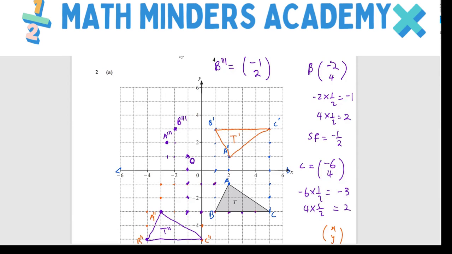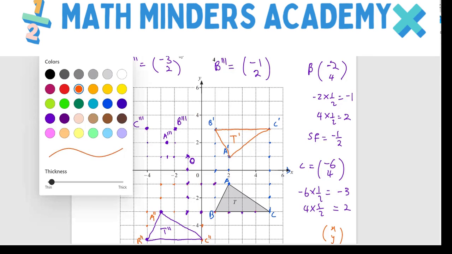So for us to locate C prime prime prime, we are going to take this vector -3 and 2. So from this center, we take 3 steps back, that's 1, 2, 3, then 1, 2. So this is where C is. So we have C prime prime prime. So now we are going to join this together.